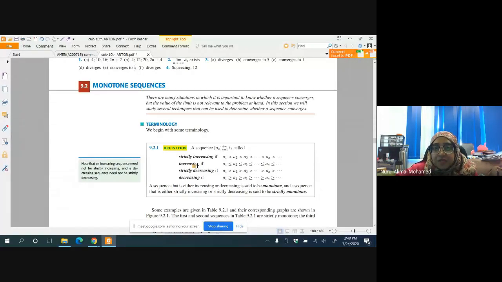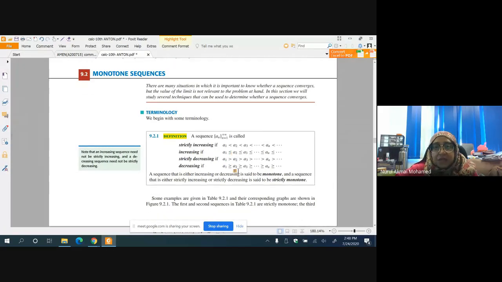And for each of the types that we have here, like increasing, it's also divided into strictly increasing and the normal increasing. So what is the difference between strictly and just normal increasing? Strictly means that it will never be equal.